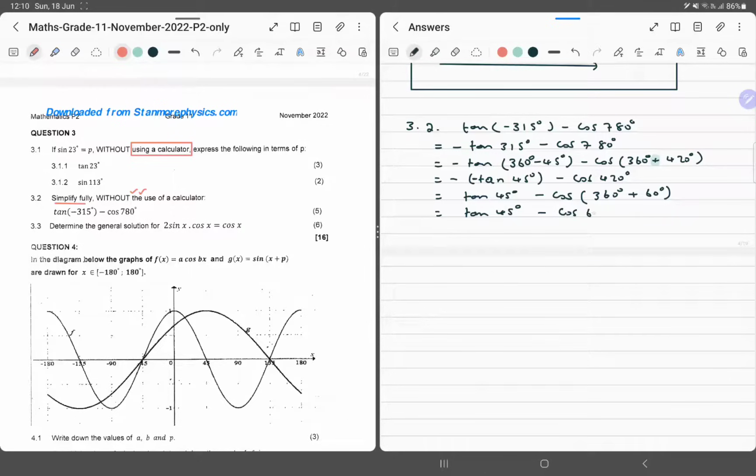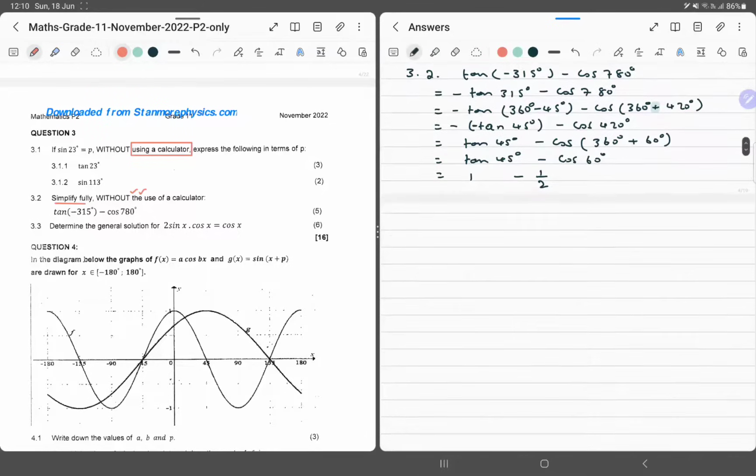This is the same as cos of 60 degrees. Now we've got special angles, we know that tan 45 is 1. So this is 1 minus, cos of 60 is a half. Great. So we got minus a half. No, you're lying. We just have half.